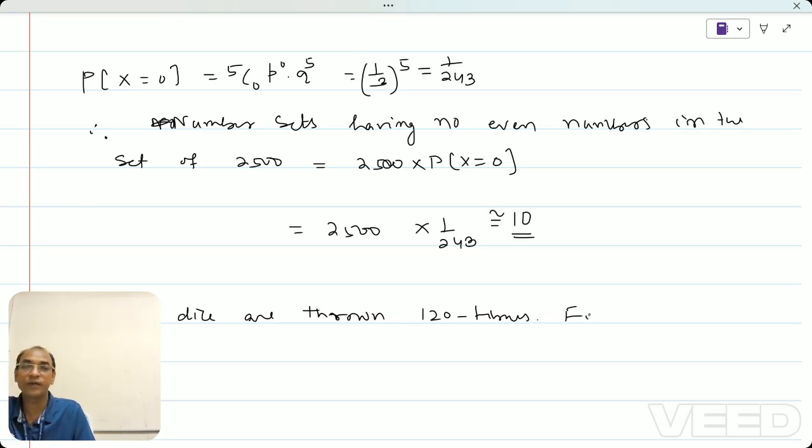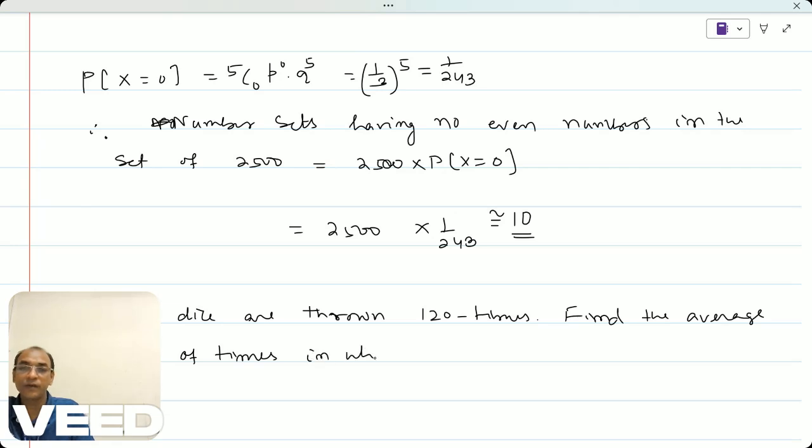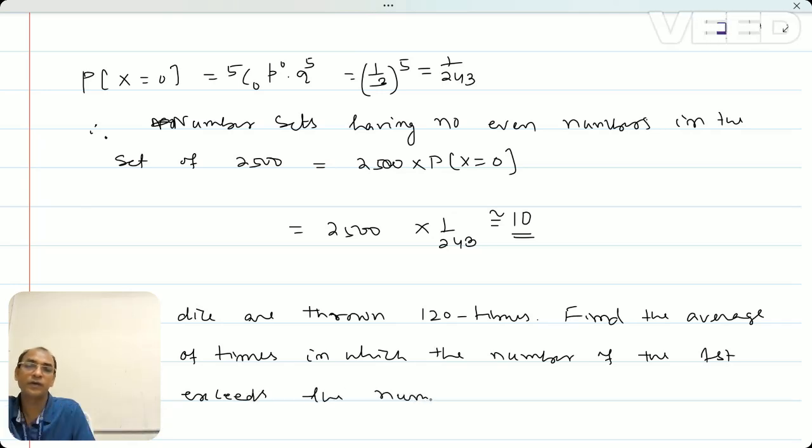Find the average number of times in which the number of the first die exceeds the number in the second die.